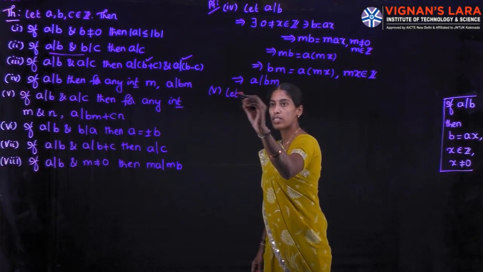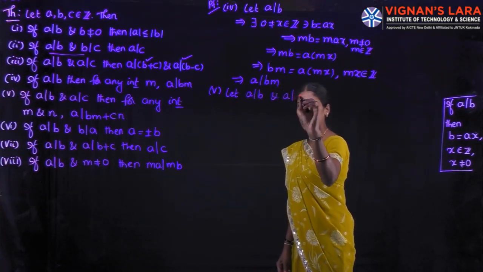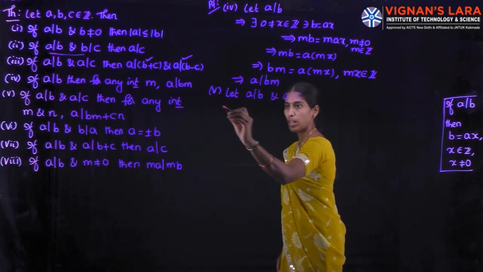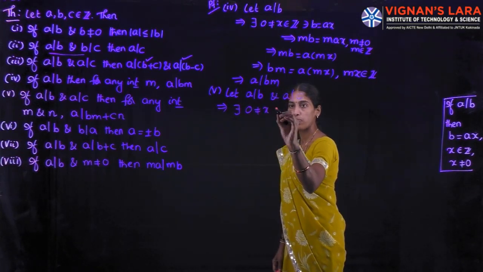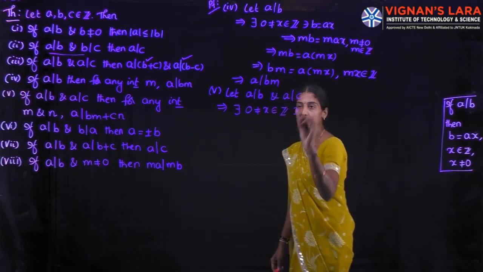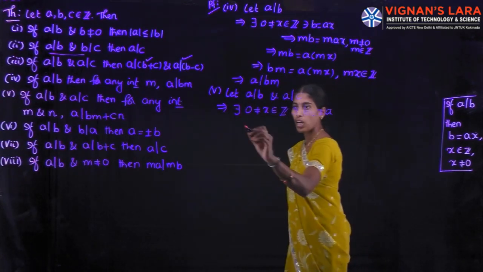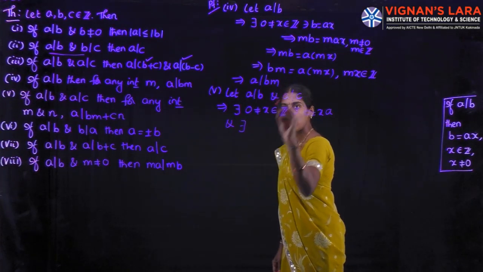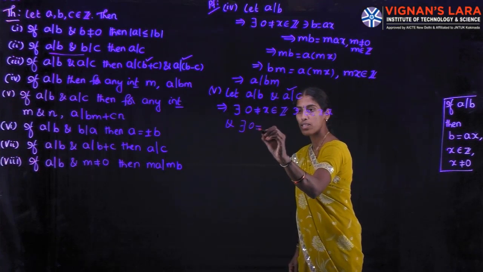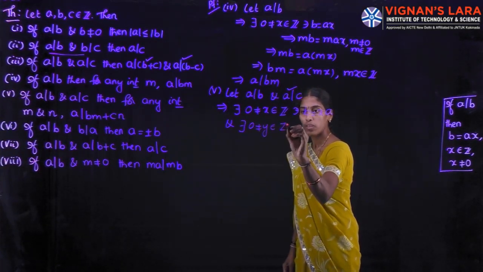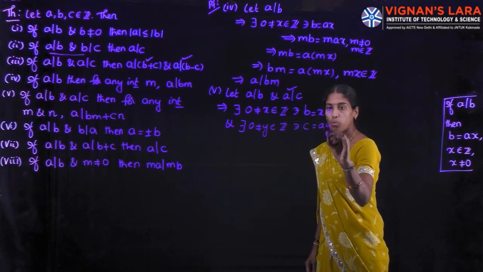Let a divide b and a divide c, which implies there exist non-zero integers x belonging to Z such that b is equal to xa or ax, and using the second one, a divides c, we can write there exists a non-zero integer y such that c is equal to a into y.